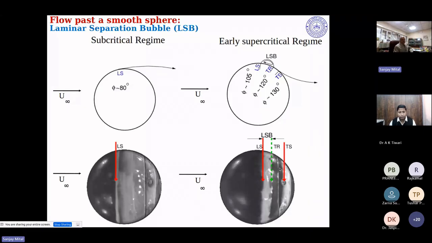The black region means that there is no oil there, which means the flow has actually reattached. So the cartoon here shows there's a laminar separation, there's a laminar separation bubble. So the flow reattaches at this point, and then it finally separates as a turbulent boundary layer downstream. Okay. So that red line is the final turbulent separation, and it shows you the transition.